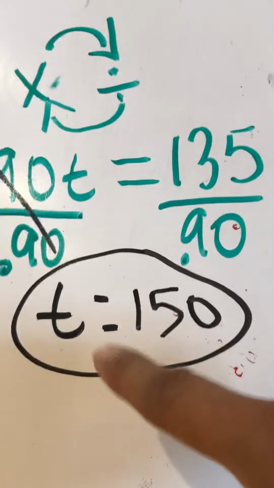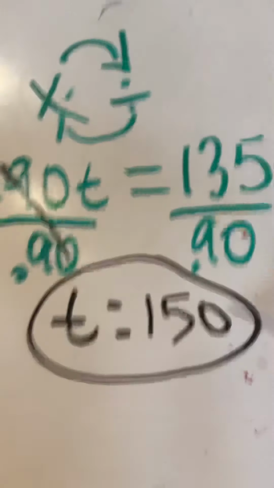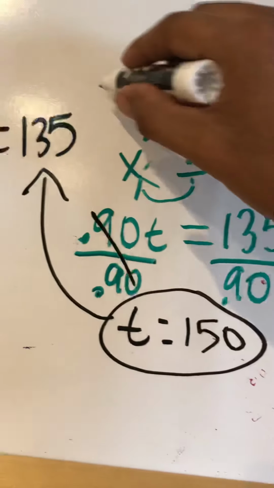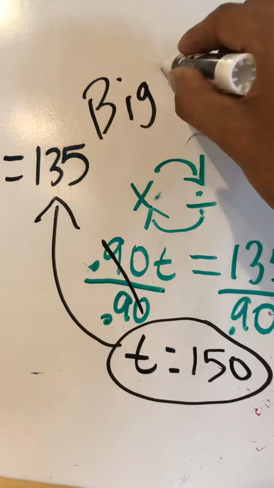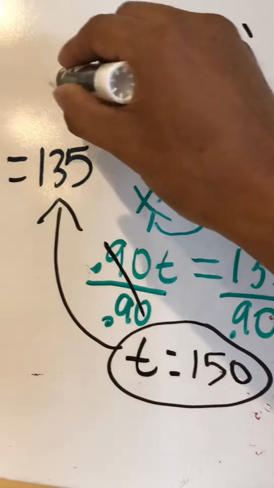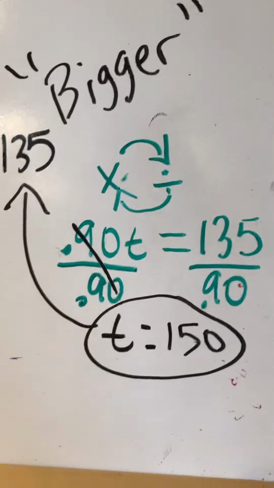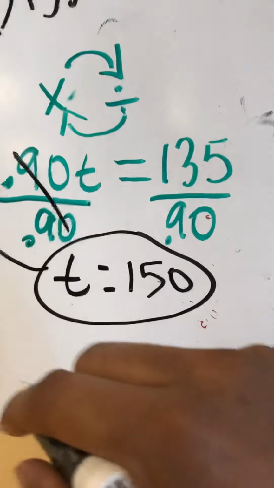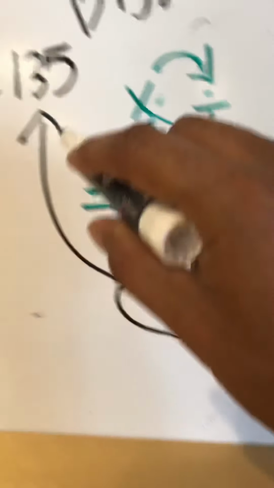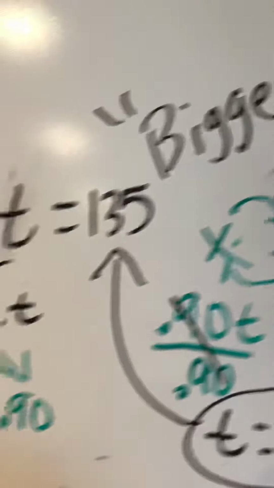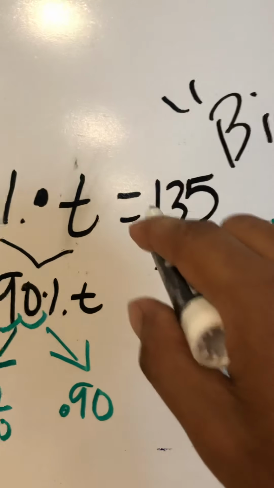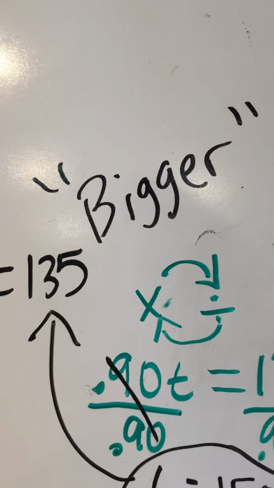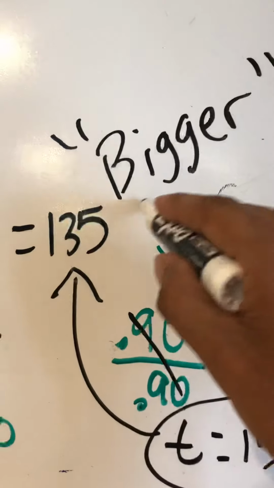So that means that when you do your work, your answer always has to be bigger than the part that was given to you in the story. So I'm going to say this one more time. Your answer must be bigger than your given part that's in the equation. With that in mind, that is your magic word for today. Okay?